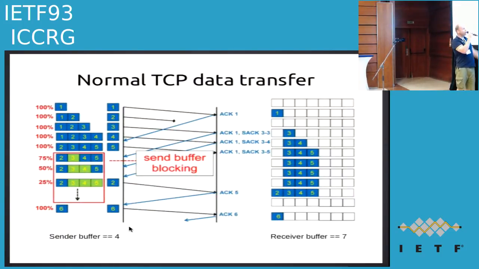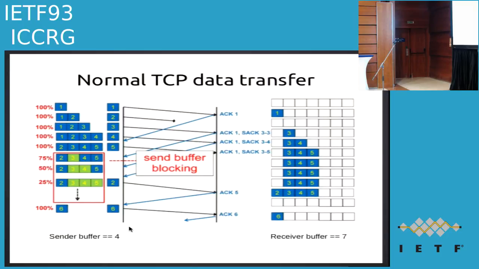When we send packet 1, packet 2 is lost, and afterwards 3, 4, 5 arrive at the destination and are SACKed, but even though they are SACKed, the sender is obliged to keep all these packets until it receives a cumulative acknowledgement. The first observation is that the size of the sender buffer is driving the size of the receiver buffer.